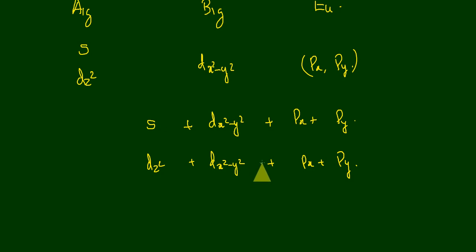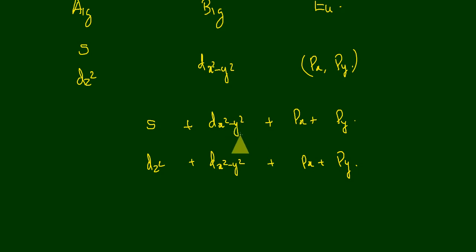This is set by group theory. Group theory will tell you what the possible combinations of atomic orbitals are, giving rise to a particular type of hybrid orbital, or giving rise to the formation of a particular molecule in a particular point group. That only group theory will tell you, the combinations allowed by symmetry.